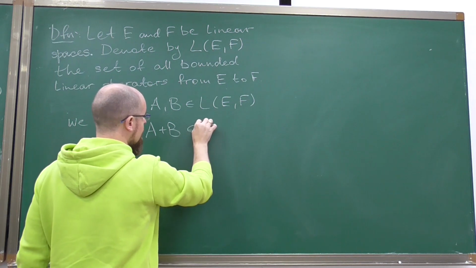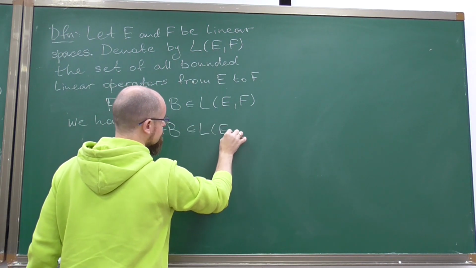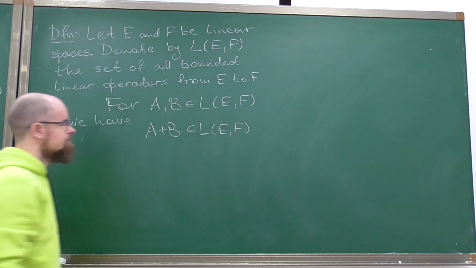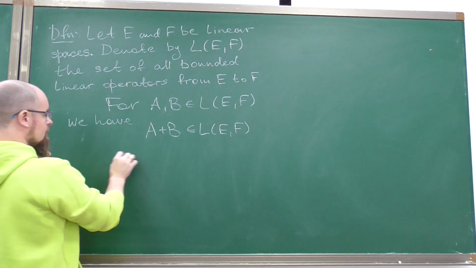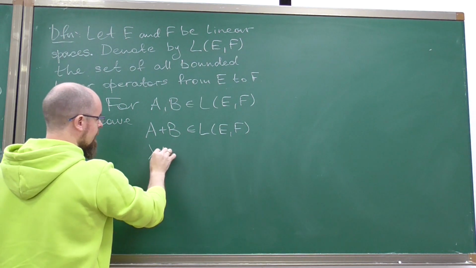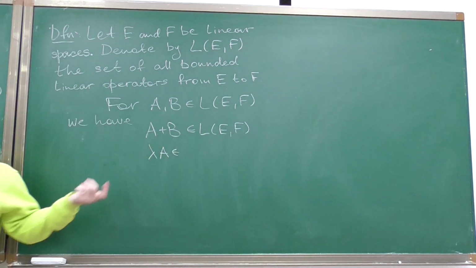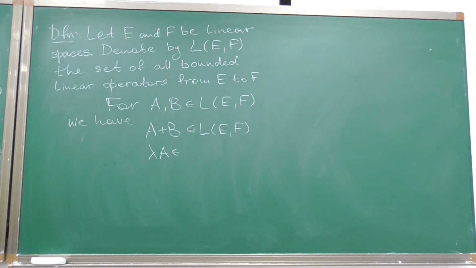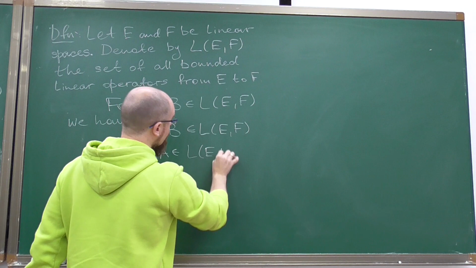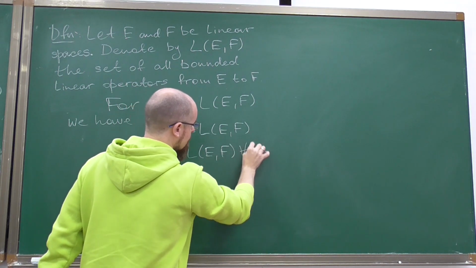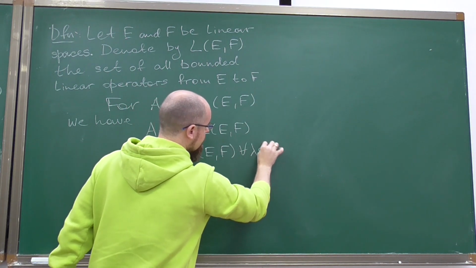So it is an element of this set. And if we take a linear operator and multiply it by a scalar, lambda A, then it is also a linear operator, and it is also a bounded linear operator. So it is also an element of this set, for any scalar.